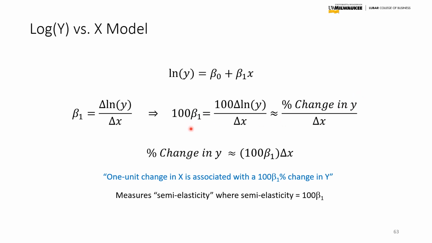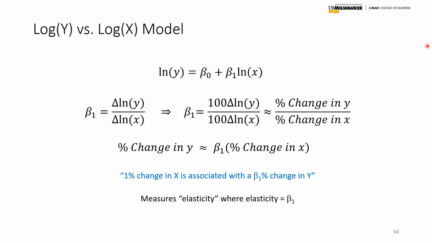Rearrange things, and we should be able to see in the end that for a 1 unit change in x, we get 100 times beta 1 percent change in y. So this is percent to units. This measure is referred to in economics as semi-elasticity.